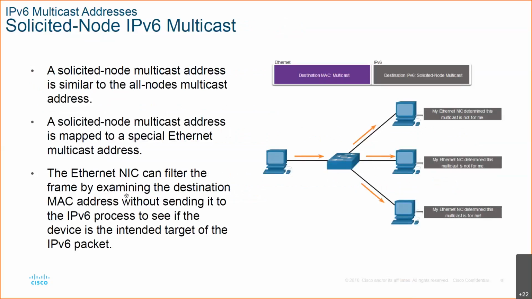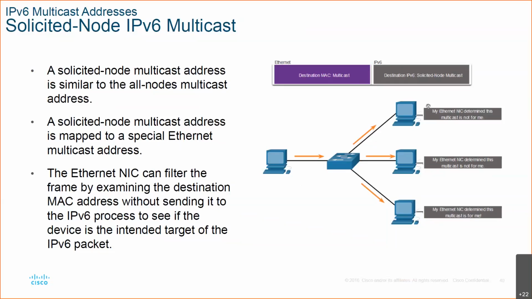You can also have a solicited node IP version 6 multicast, whereby based on what you send, the host will check. A solicited node multicast address is mapped to a special Ethernet multicast address.